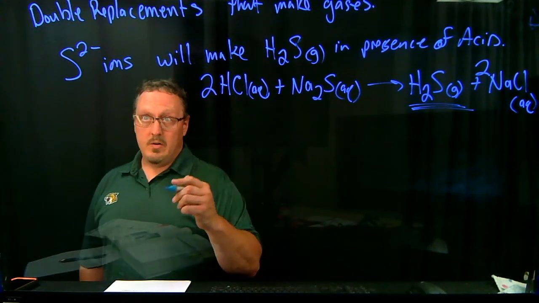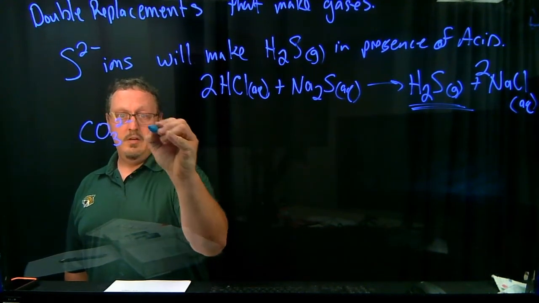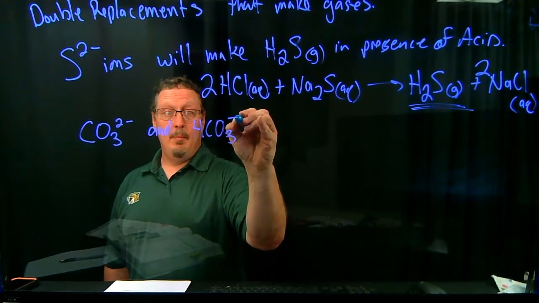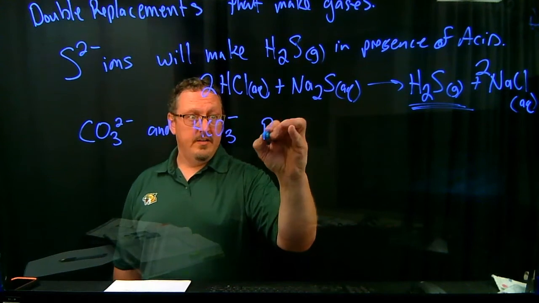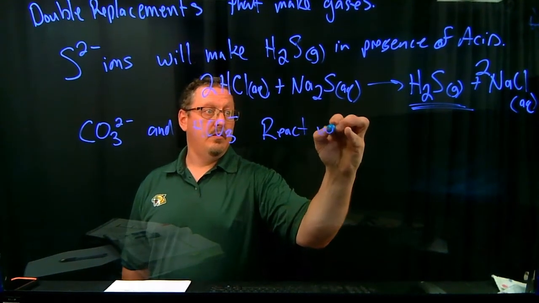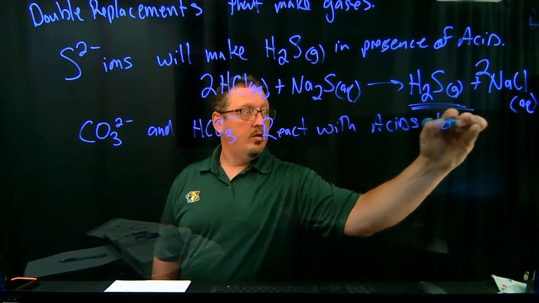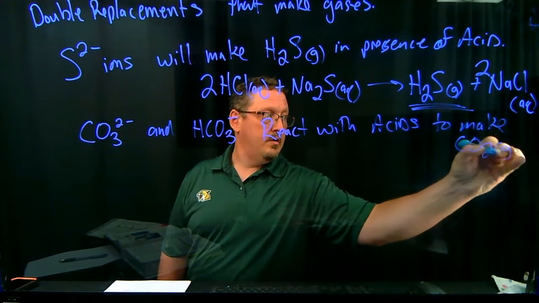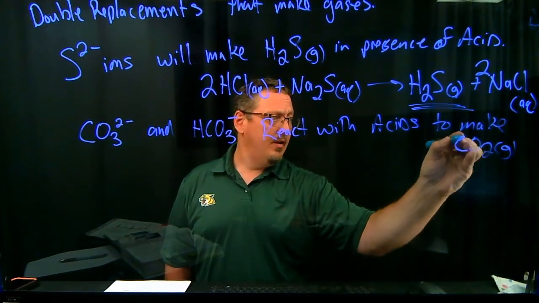The other one that you want to think about is carbonates. So CO3 2-, and bicarbonate, HCO3-. They will react with an acid to make carbon dioxide gas. Okay, and so this is a pretty common reaction.